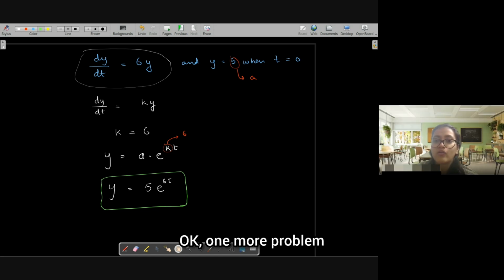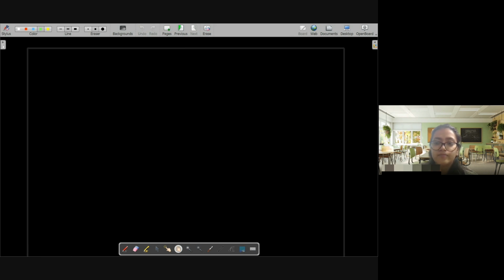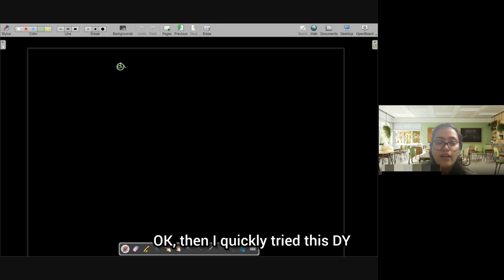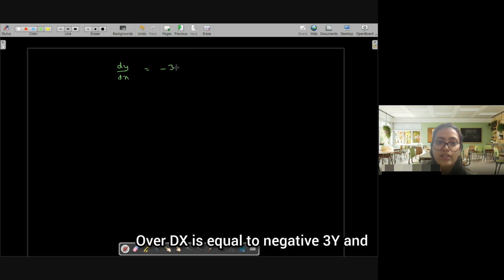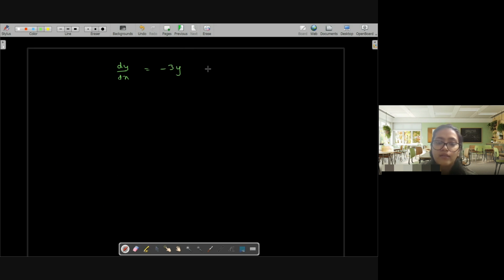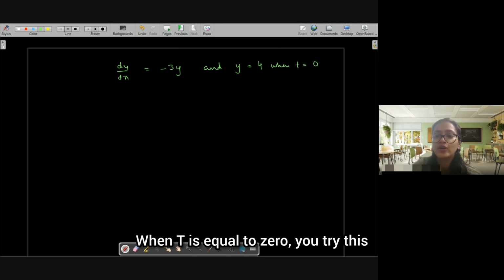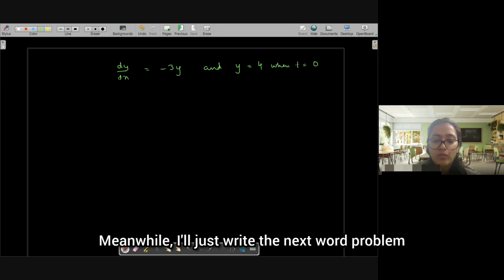One more problem. Now let's take a word problem. Quickly try this: dy over dx is equal to negative 3y, and y is equal to 4 when t is equal to 0. You try this. Meanwhile, I'll just write the next word problem.